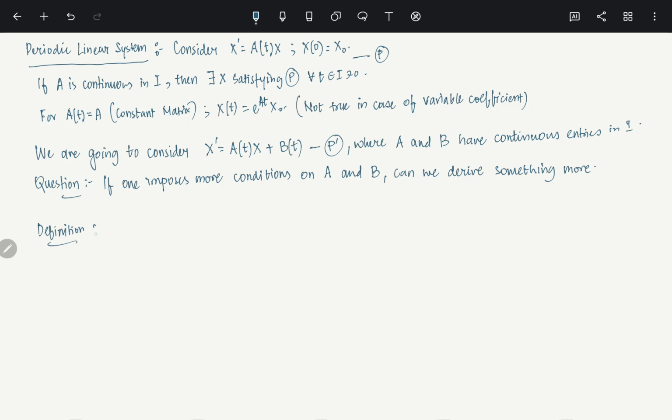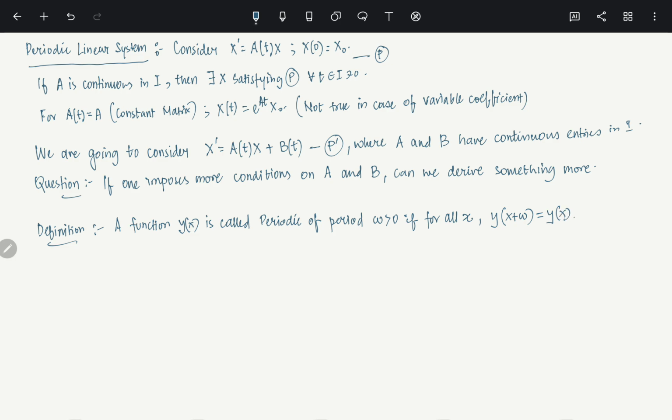A function y of x is called periodic of period W, positive, if for all x in the domain of y, y of x plus W equals y of x.